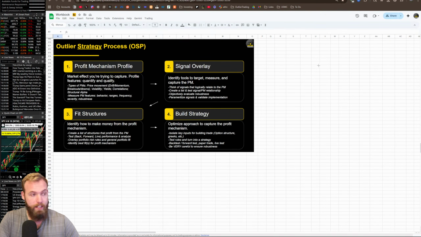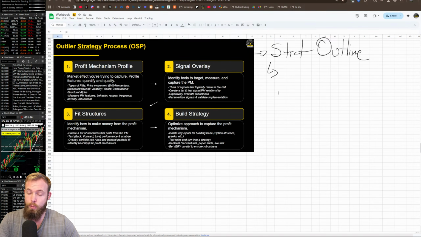The ideal scenario, by the way, is literally to do this kind of process and to have a strategy outline. In the strategy outline, I have some parameters for each strategy that I trade and some of the details that are relevant to it. Yesterday, we were looking at a breakout, so let's just continue on that thread.